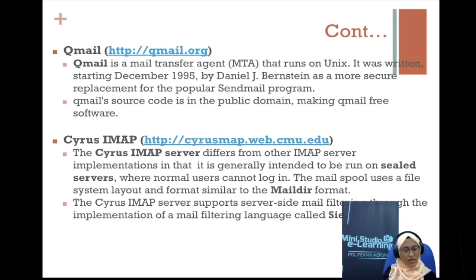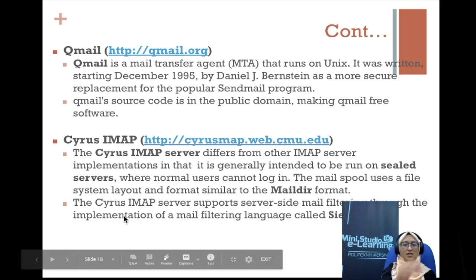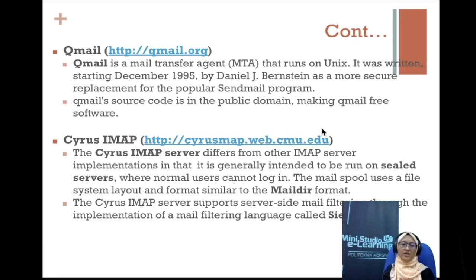The next one is Cyrus IMAP. You can get the source from cyrusimap.web.cmu.edu. The Cyrus IMAP server differs from other IMAP server implementations in that it is generally intended to be run on sealed servers where normal users cannot log in.